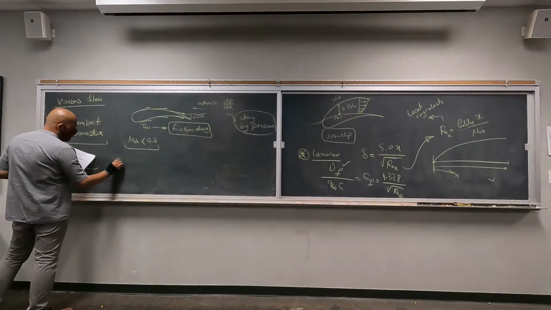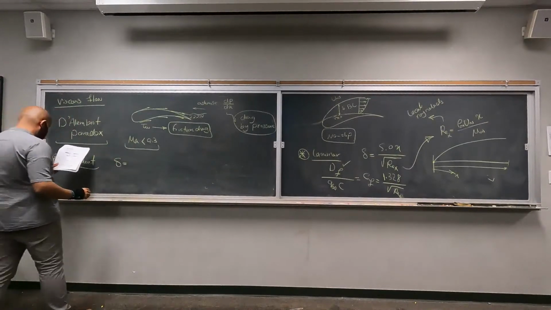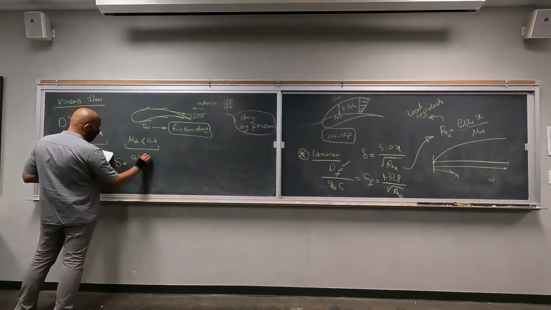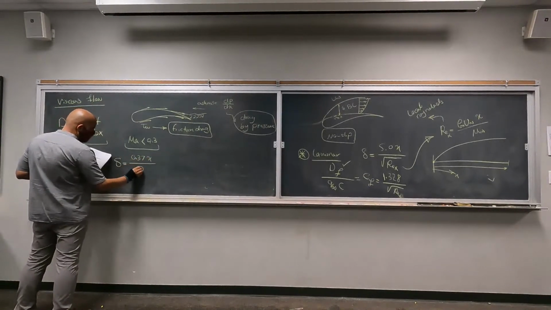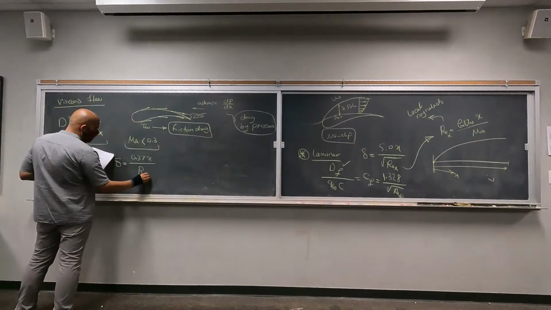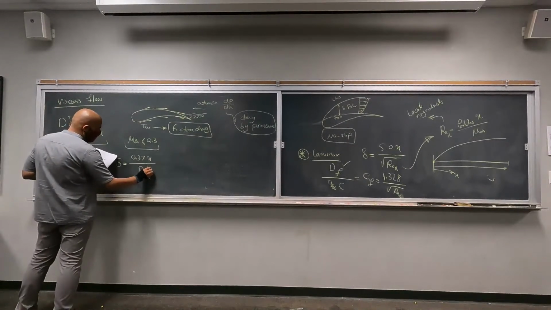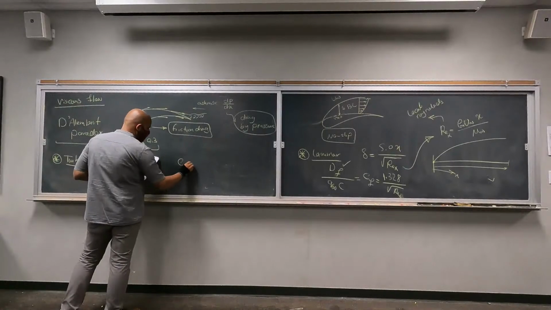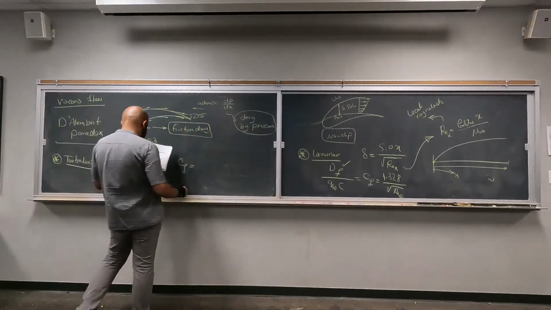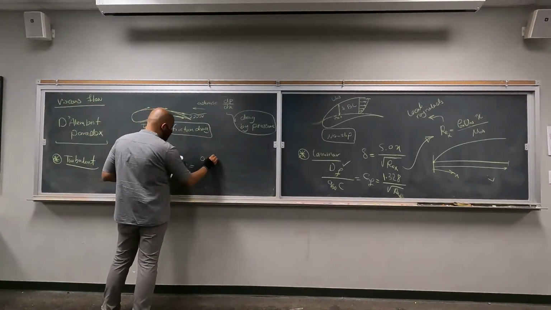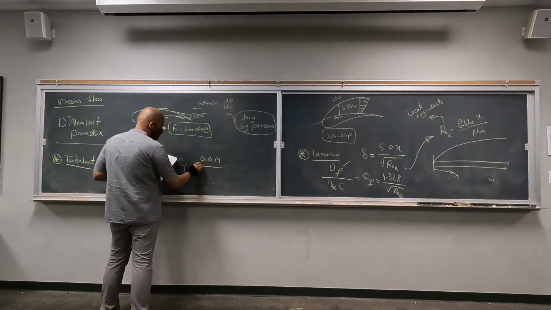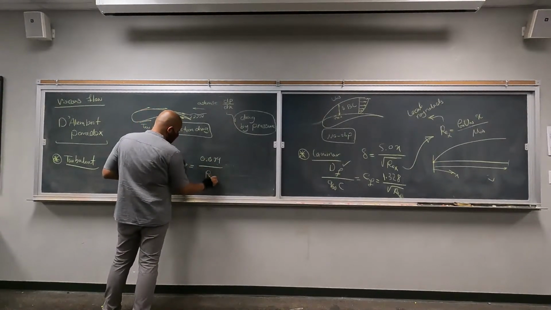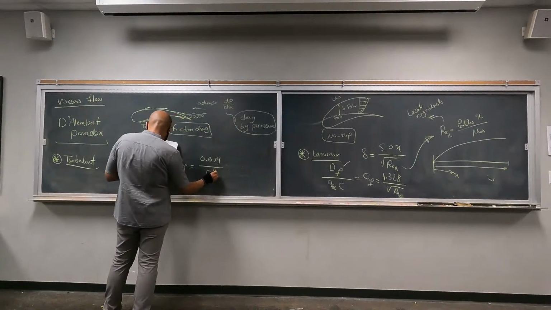The boundary layer thickness in a turbulent flow can be calculated by 0.37 x over Re_x to the power 1/5, and the friction coefficient can be calculated by 0.074 over Re_C to the power 1/5.